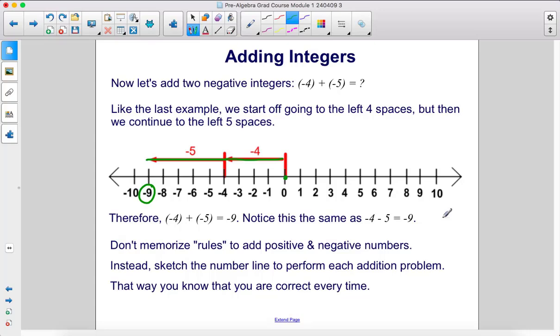Therefore, negative 4 plus negative 5 equals negative 9. Notice this is the same thing as negative 4 minus 5. Don't memorize rules to add positive and negative numbers. Instead, sketch the number line to perform each addition problem. That way you know that you'll be correct every time.